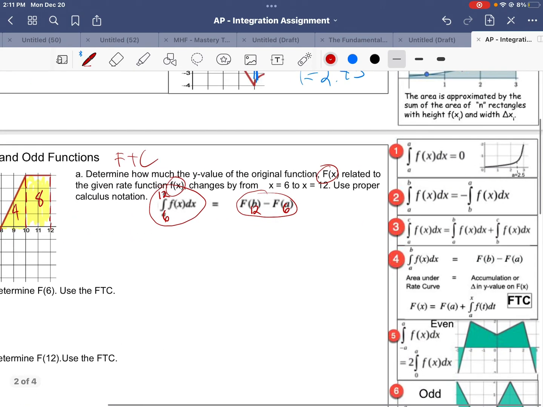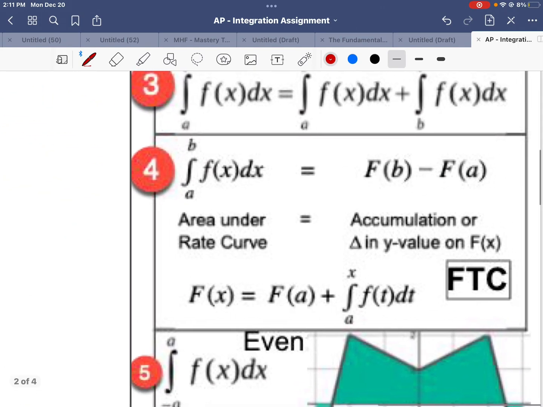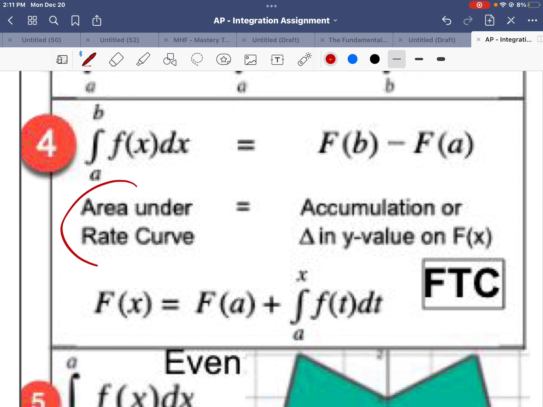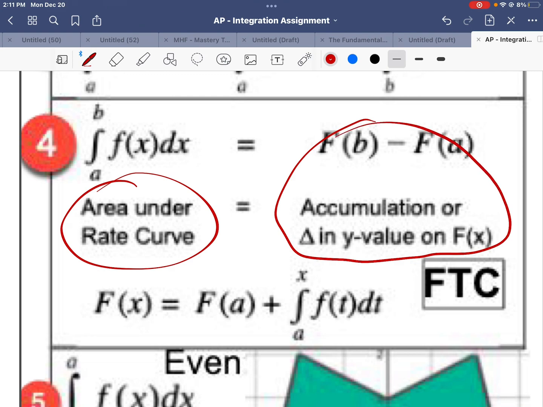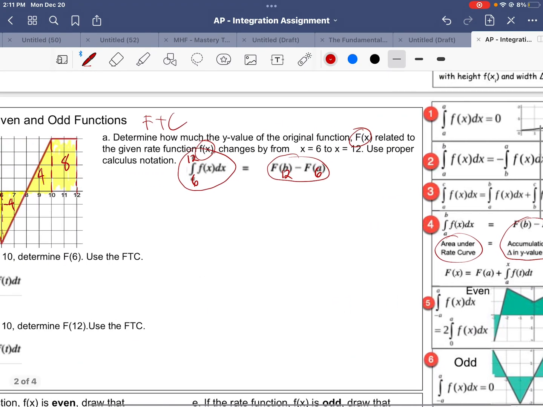Please look to the side where you can see that. It shows it right here. Area under the rate curve is accumulation in y value on the original. Area under the rate is equivalent to the accumulation or change in y value. It doesn't necessarily tell you the y value, but it shows you how much it changes by.